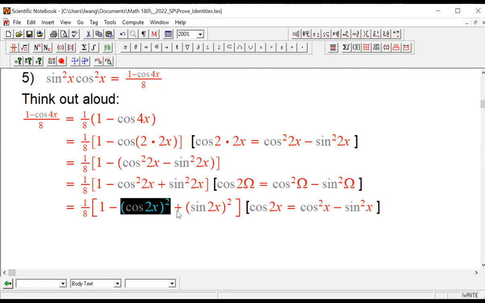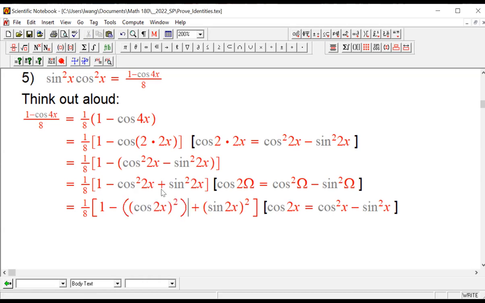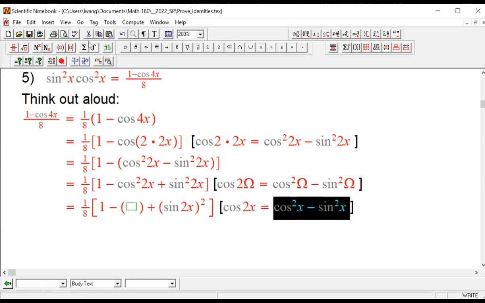So for this piece, I can replace it by its equal. So that's what I'm going to do. This piece, subtracting it, will be replaced by its equal, which is right here.